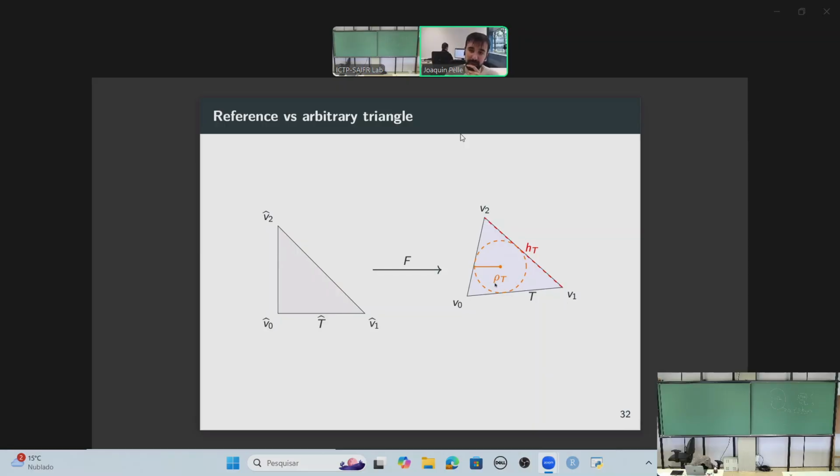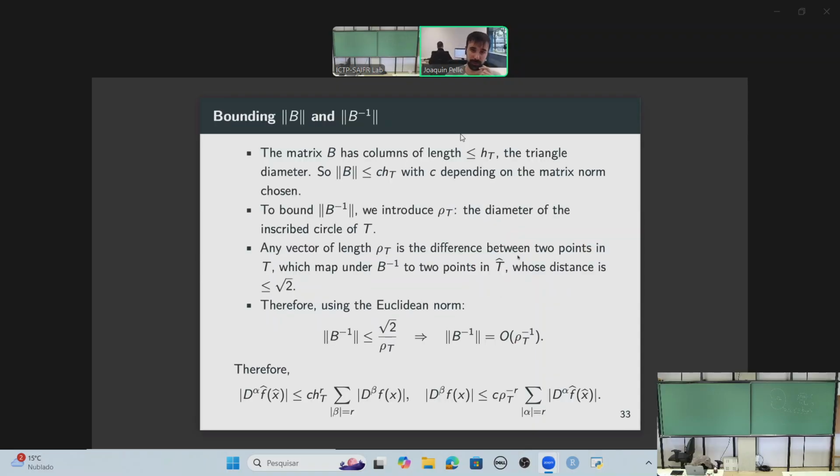So that's the diameter. And also we want to consider here the inscribed circle in the triangle, which is this circle here. And in particular, we want its radius, ρ_T. I'm going to explain in a moment why this is important as well, which is in a way maybe less intuitive. But as we say, we want to bound the norm of B and the norm of its inverse.